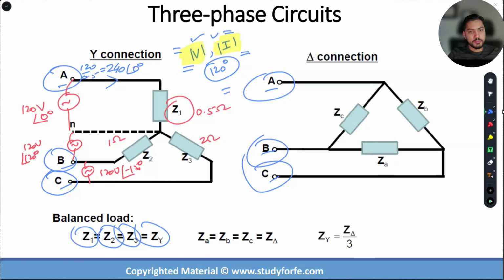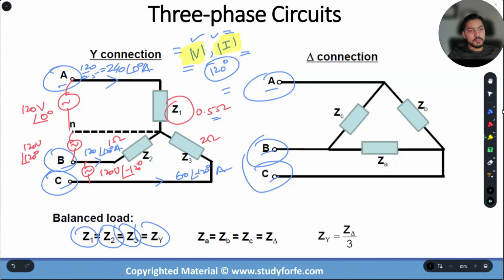The phase angle is not going to be impacted because it's a resistor. Again, this is a separate discussion altogether. Amps. This current is going to be 120 at 120 degrees amps, and this current is going to be 60 at minus 120 degrees amps.